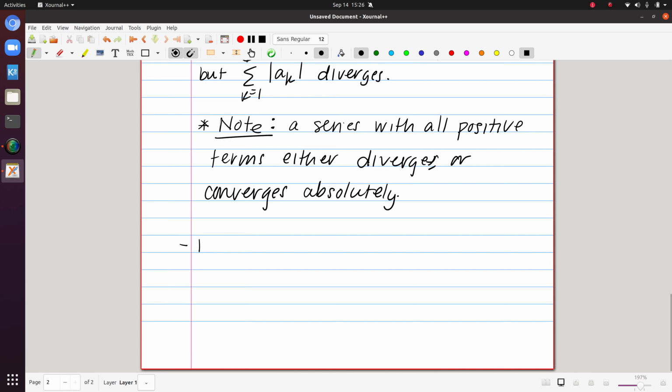As a quick example, again, to distinguish between these two types of convergence, one series we've focused on is the alternating harmonic series, (-1)^(k-1)/k. This series converges conditionally.